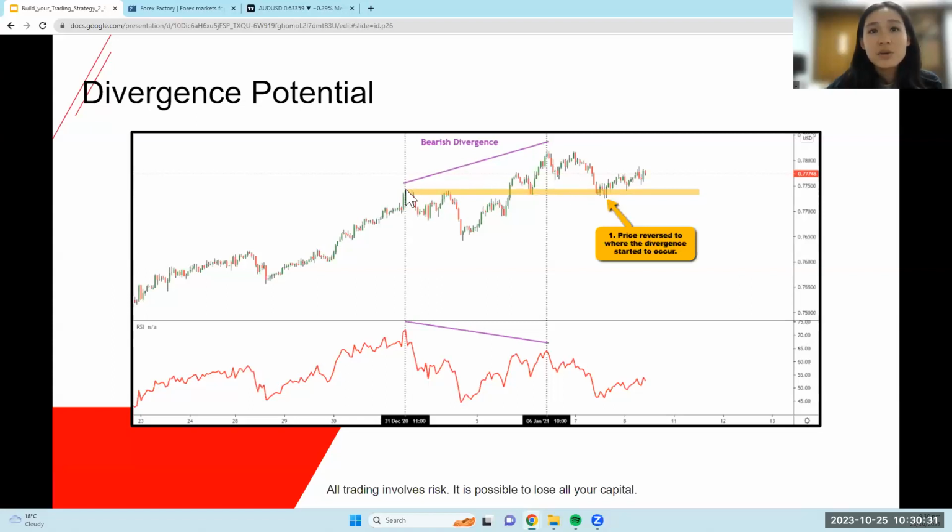If you're here for the support and resistance webinars, you would know that this is called an overlap support. Basically, it's when price respects the bulls and bears of this level here.